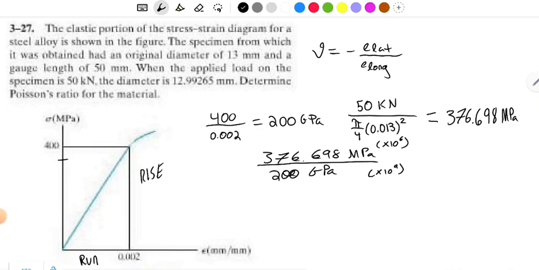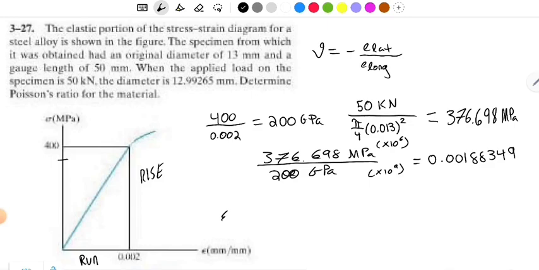So let's throw this in our calculator real quick. 376.698 times 10 to the 6th over 200 times 10 to the 9th. And that gets us the longitudinal strain to be 0.0018839. We're writing out all the digits in this intermediate calculation so that we know our final answer is going to be all right.